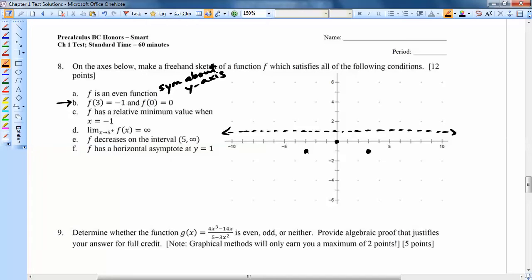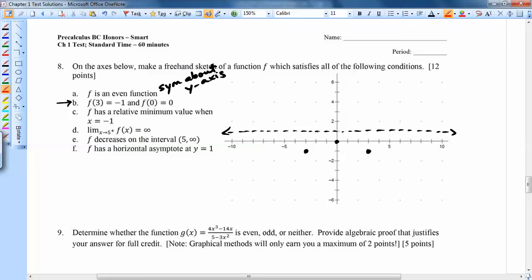When I say f has a relative minimum value when x equals negative 1, so when x equals negative 1 right here, I have to have a low point on my graph. It doesn't have to be the lowest point. It just has to be one of the low points on the graph. It doesn't say how low it has to be.